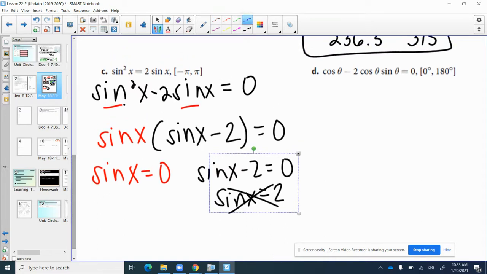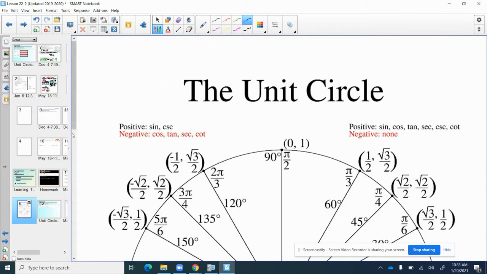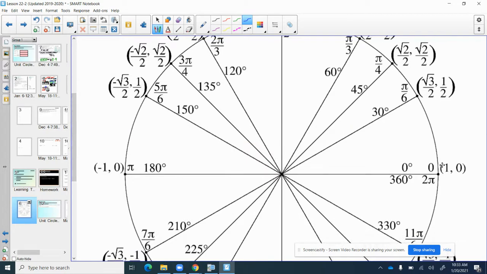Now, you need to be careful about your restrictions here. They want us to give answers from negative pi to pi, okay? So think about on the unit circle, where are all the places that our y value equals 0? Well, here and here. And if we're talking negative pi to positive pi, we're going to include negative pi.